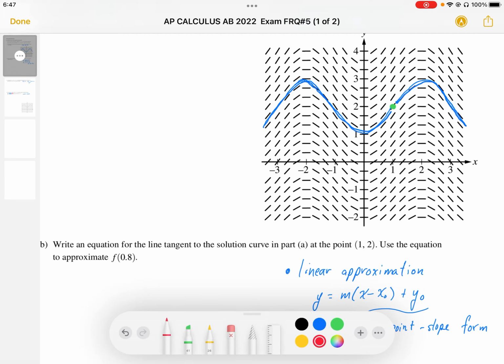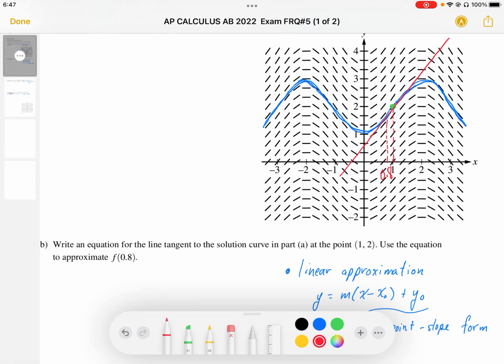The tangent line is going to cut through like that. We're at x equals 1, and we're going to approximate the coordinate at x equals 0.8. So we're approximating a blue coordinate with that red line.